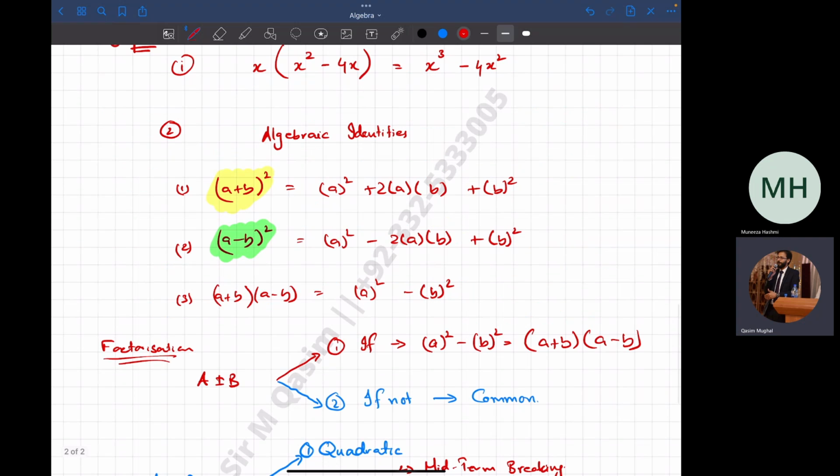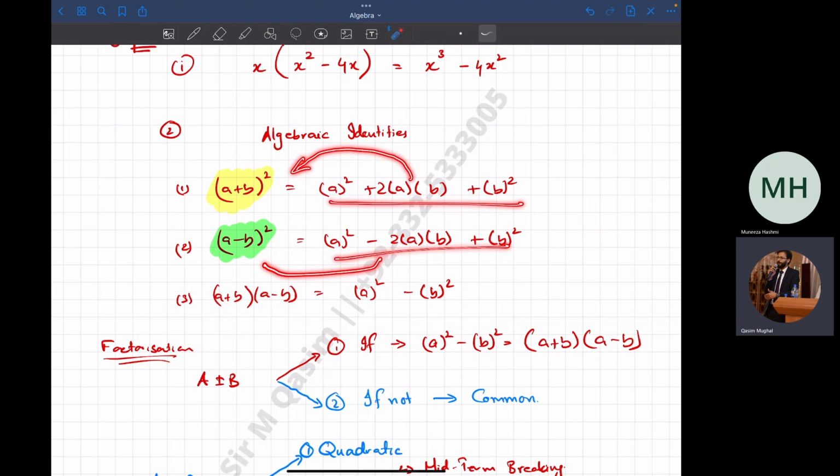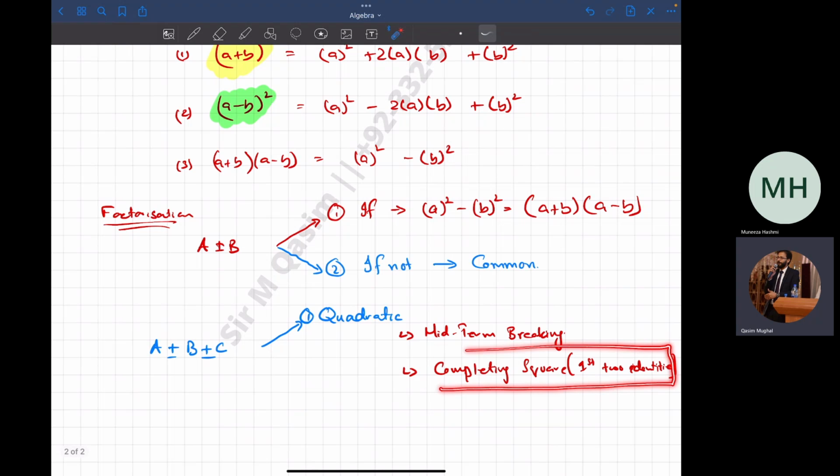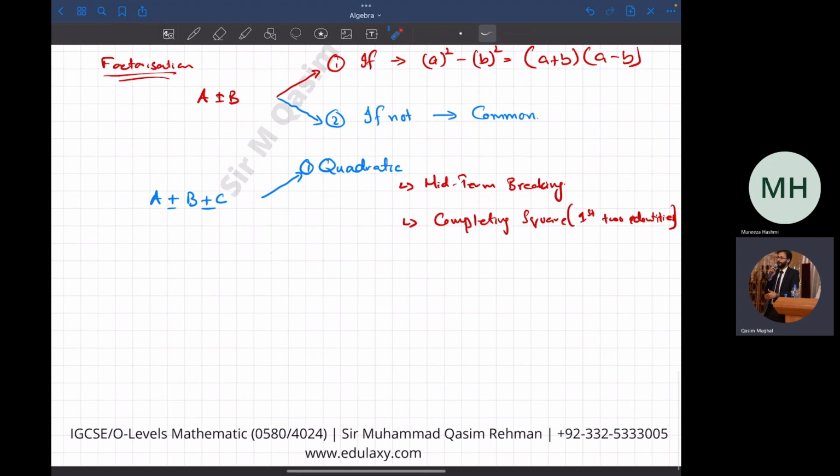These are the first 2 identities I've written down up here. If you are factorizing an expression using either of them, one thing is for sure: you will obtain special factors. So you cannot use this method for every expression. For example, you've got an expression and after you factorize it, you obtain these factors, x plus 3 times x minus 2.